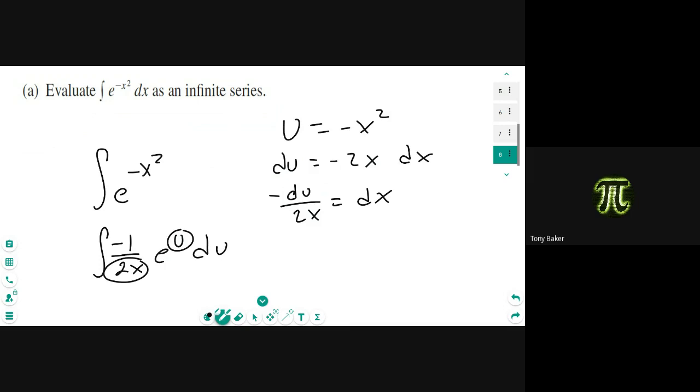As far as I know, you don't know how to do multivariable integration at the moment. So this would be fine if it was the integral of x e to the negative x squared, because then I have an x that I can get rid of.